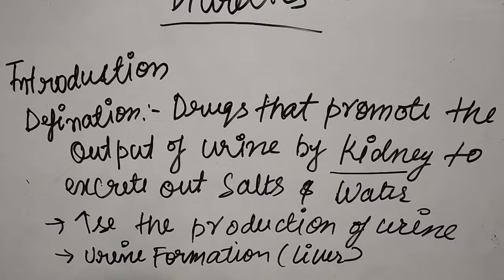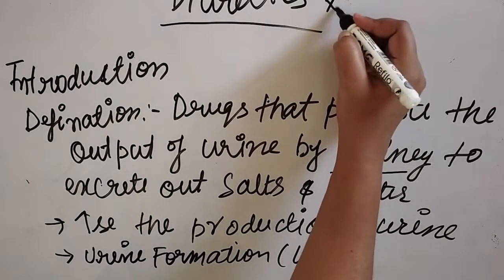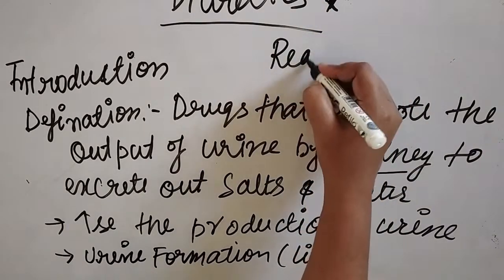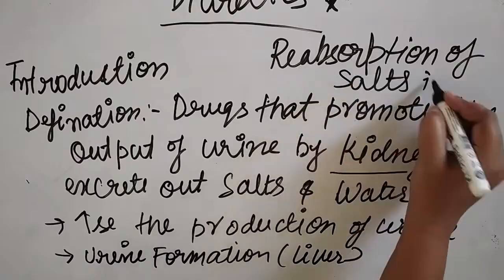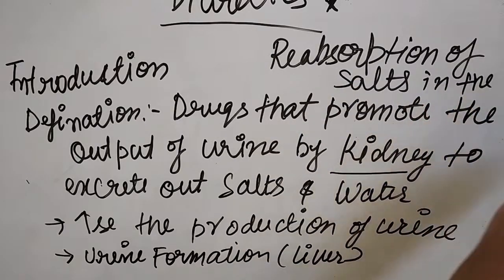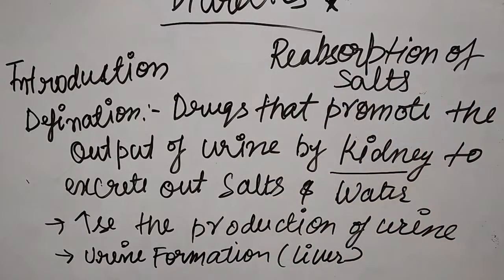Basically the urine formation takes place in the liver, but the reabsorption of salt and water takes place in the kidney. So when the reabsorption is less, more water and salt will be excreted out through the urinary bladder from the kidney.